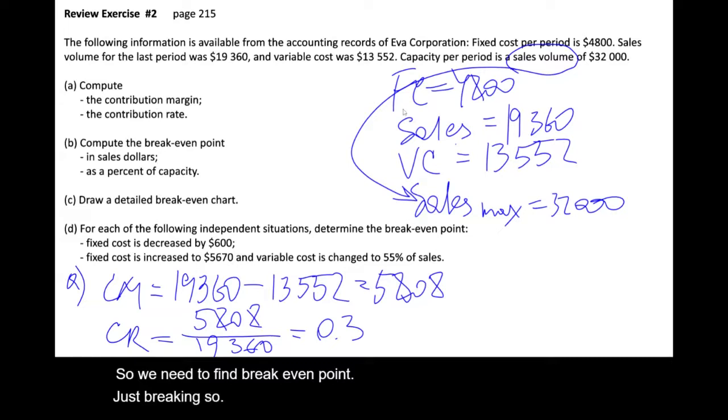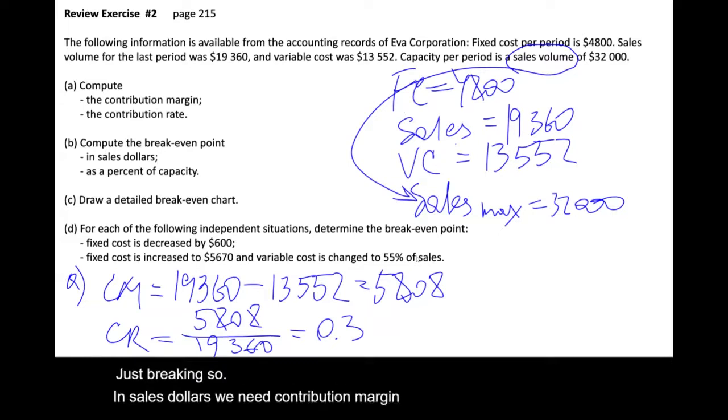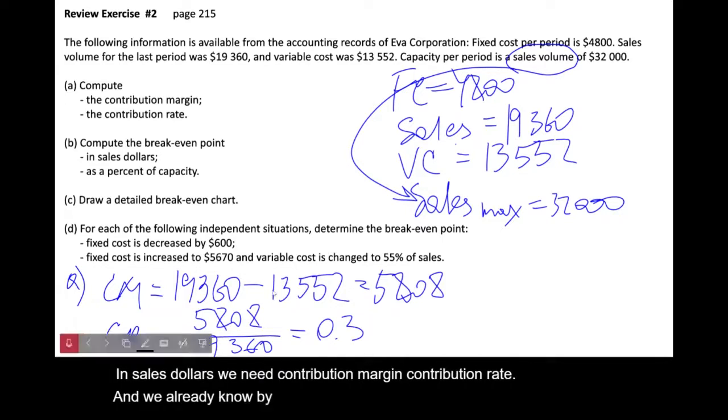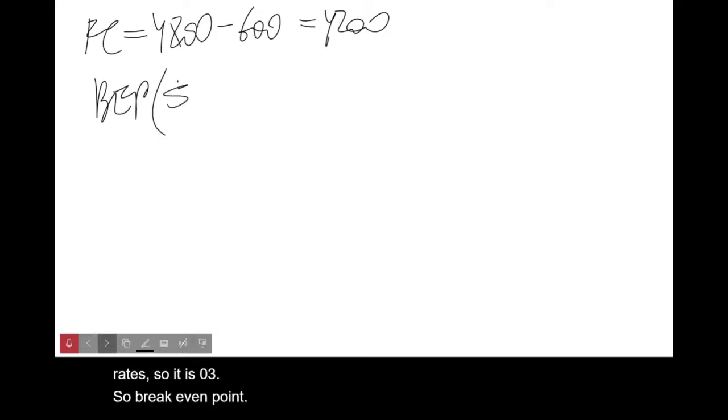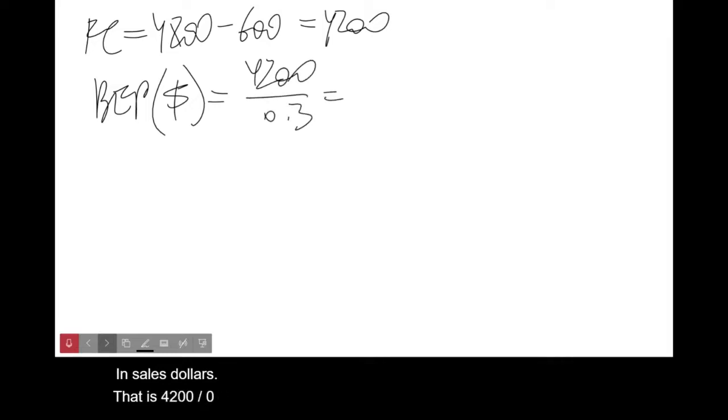In sales dollars, we need contribution rate, and we already know that by changing fixed cost, we didn't change contribution rate, so it is 0.3. So break-even point in sales dollars, that is 4,200 over 0.3. Let's see, what is it? Oh, hold on a second.